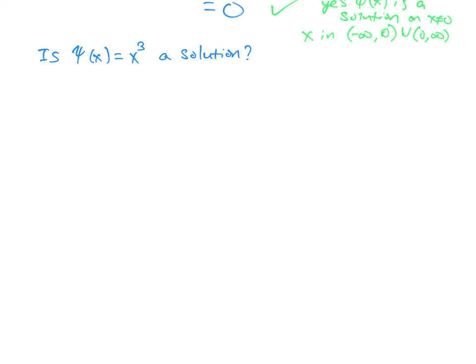So let's say we have some other function, psi of x equals x cubed. Is it a solution? Well, let's try plugging it in. So first we'll take our derivatives. Those are easy enough to do, and then we will plug in.